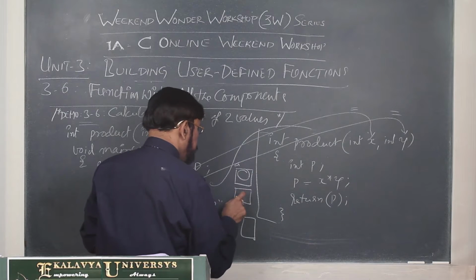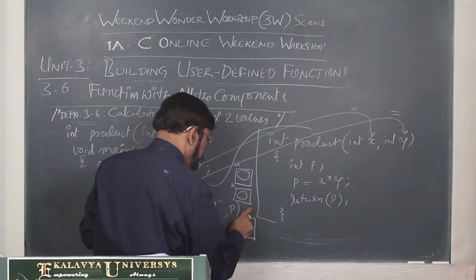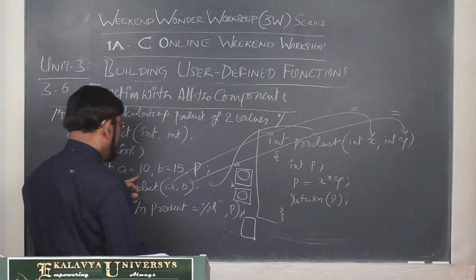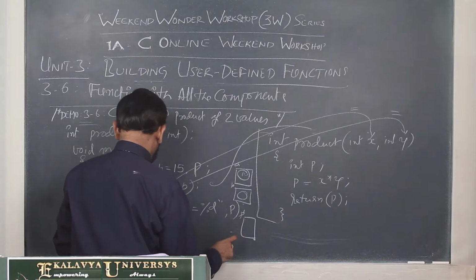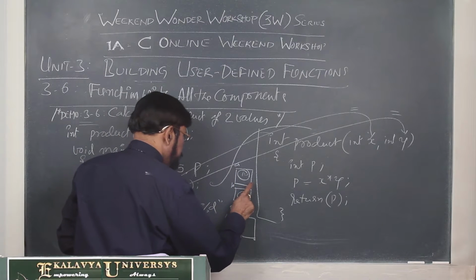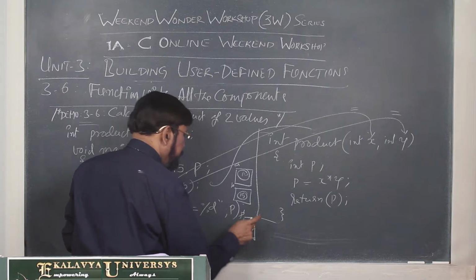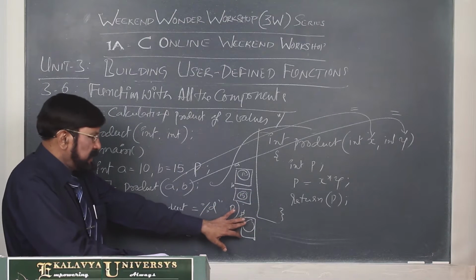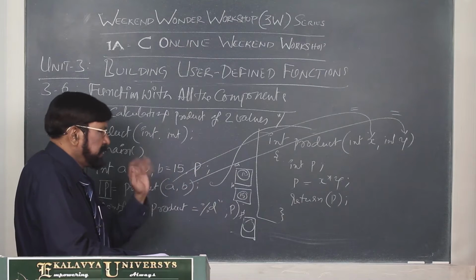This is variable a, this is variable b, this is variable p. In a, 10 is stored, in b, 15 is stored, and p is empty. Of course some garbage value is there, let us call it empty initially.